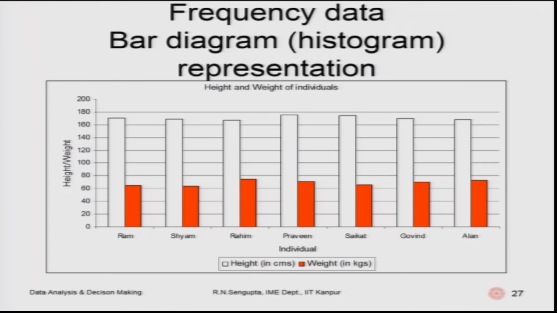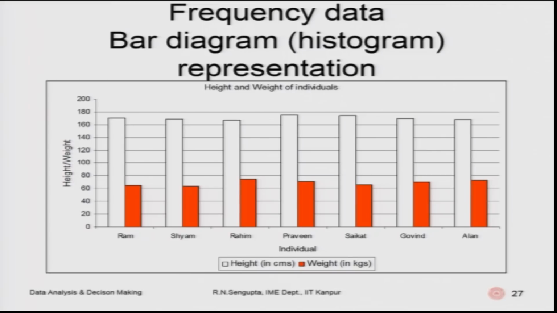The histogram which is white is for the heights, the histogram which is black or red is for the weights, and Ram has a height of roughly 170 centimeters and a weight of about 60 plus, say 65 kgs.